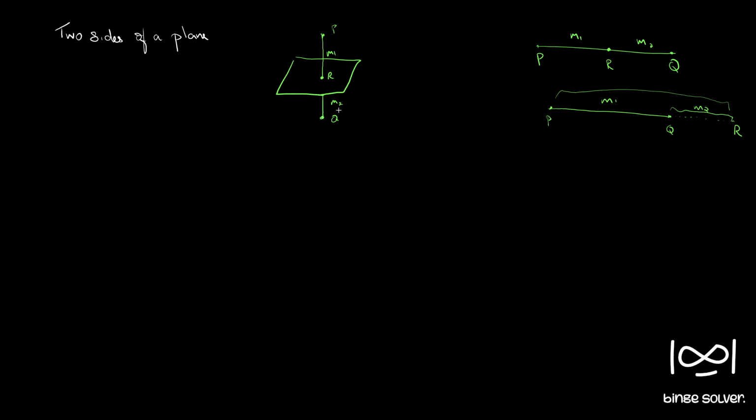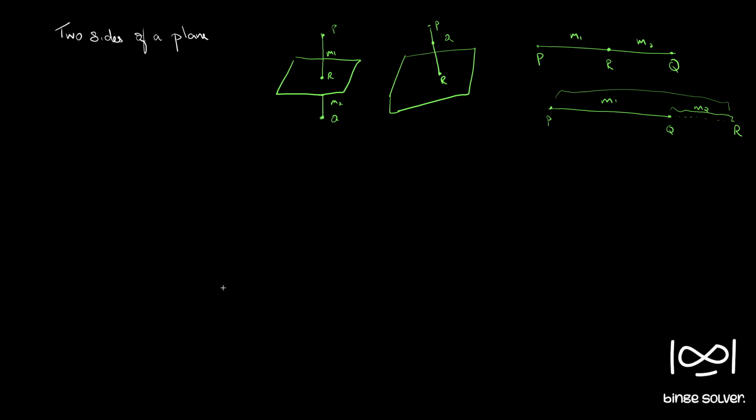If m1 by m2 is negative, the points P and Q are on the same side of the plane, R will be like this, and we get m1 by m2 as negative.